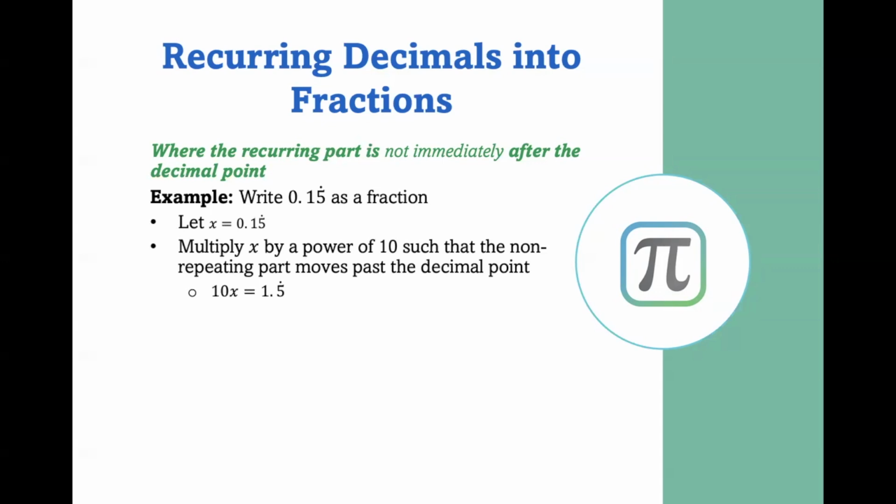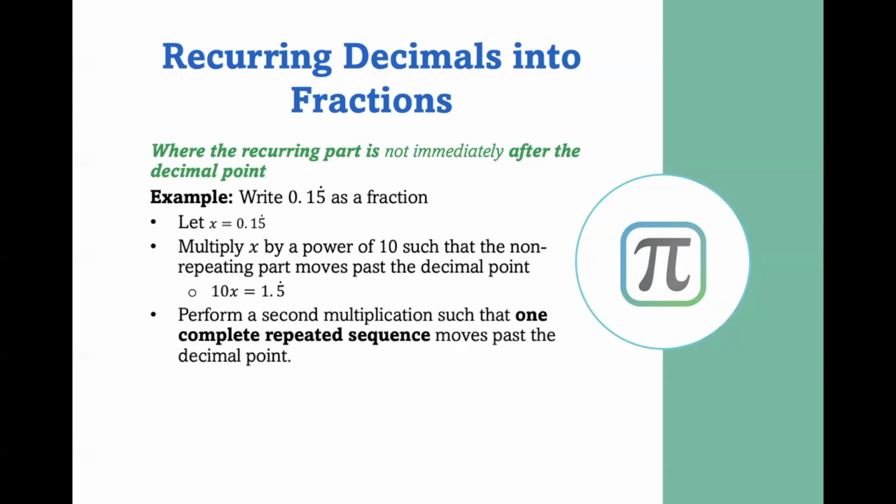So here we would have 10x equals 1.5 recurring. And then perform a second multiplication so that, like in the first example, one complete repeated sequence moves past the decimal point. And that would give us 100x equals 15.5 recurring.